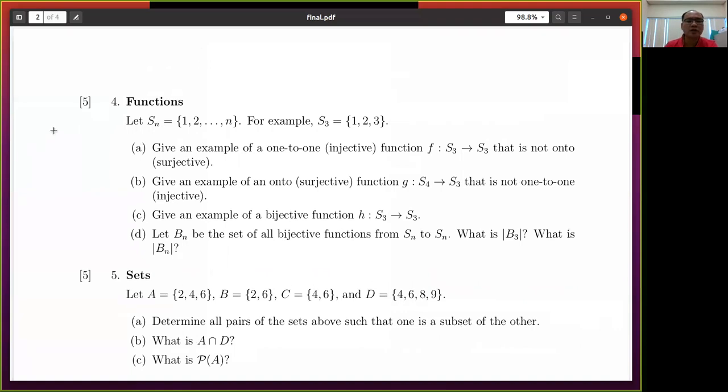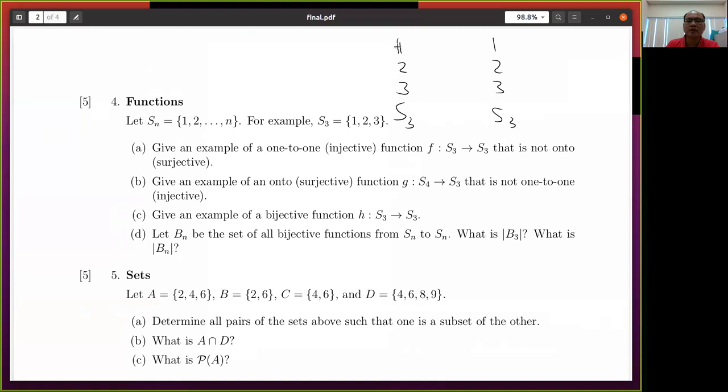Okay, so we have a domain Sn, just the numbers 1 to n, and S3, for example, is 1, 2, 3. So give an example of a one-to-one function that is not onto. I have 1, 2, 3 in S3, and I want to map it to 1, 2, 3 in S3.